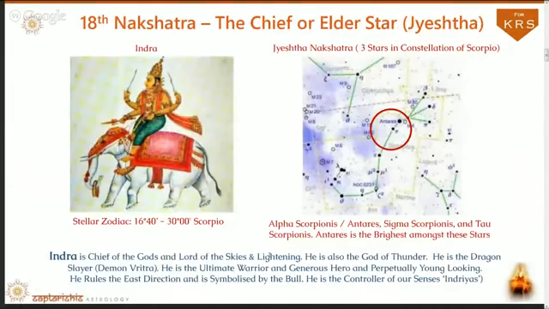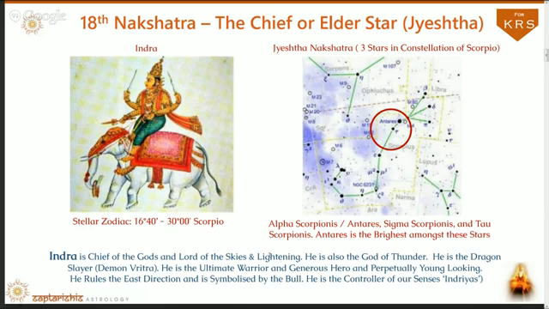The 18th nakshatra, Jyeshtha, as I've mentioned before, is called the elder star or the chief. The deity there is Indra, called the god or lord of the skies and lightning, and also the god of thunder.